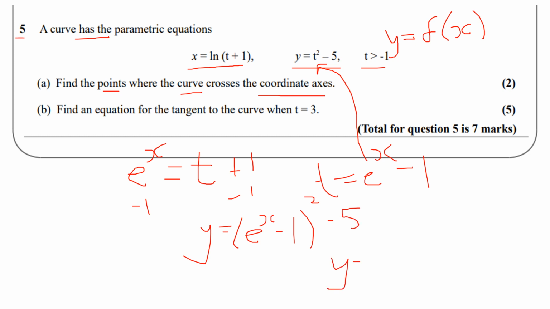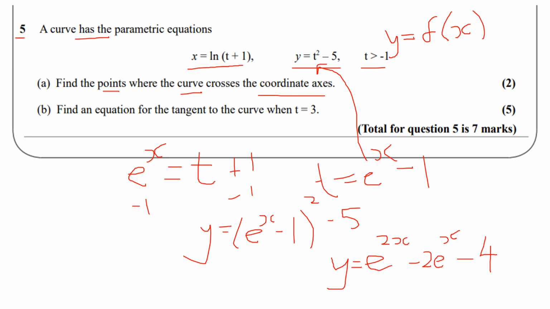It's going to be a double bracket, so I'm going to have e to the 2x, or e to the x all squared, subtract e to the x, subtract e to the x. So I'm going to have minus 2e to the x plus 1 minus 5, so that'll be minus 4. So this is going to be my equation for y equals f of x.